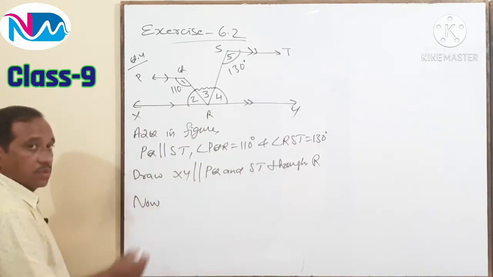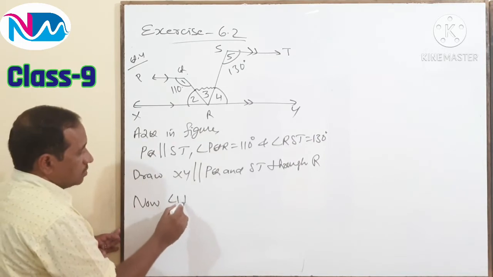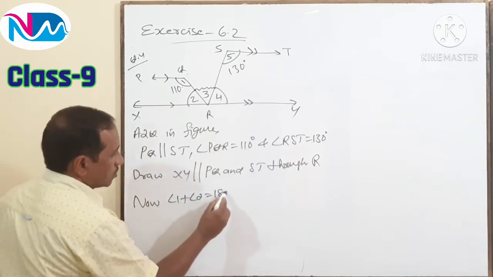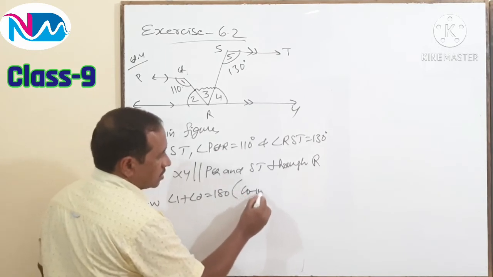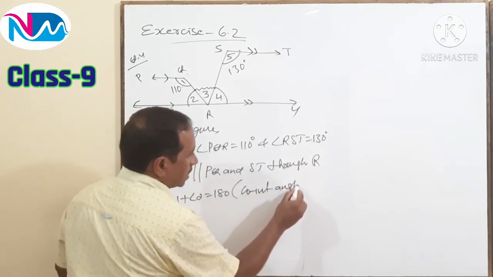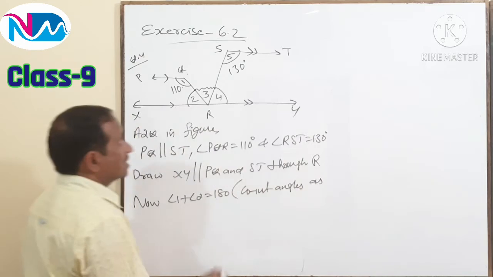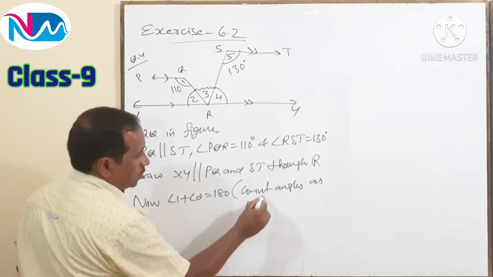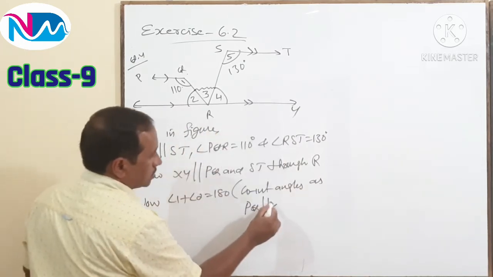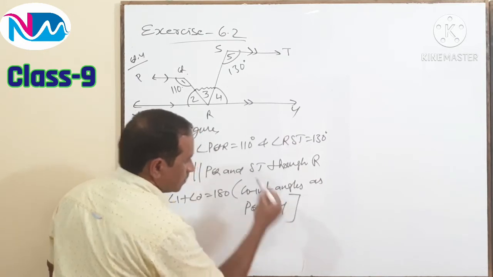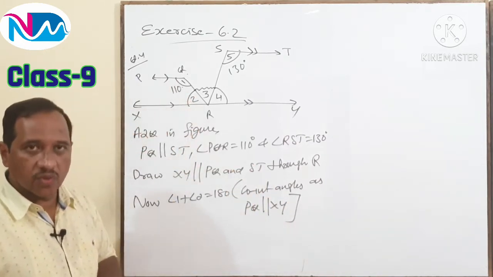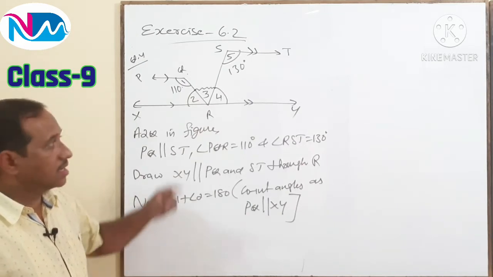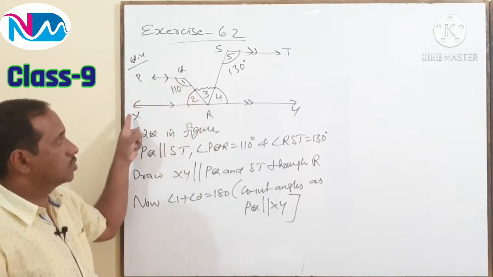Now angle 1 plus angle 2 is equal to 180 because they are co-interior angles, as PQ is parallel to XY.